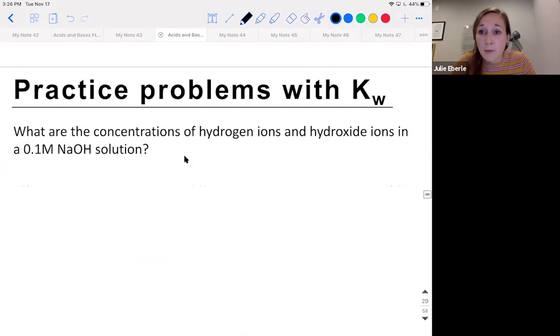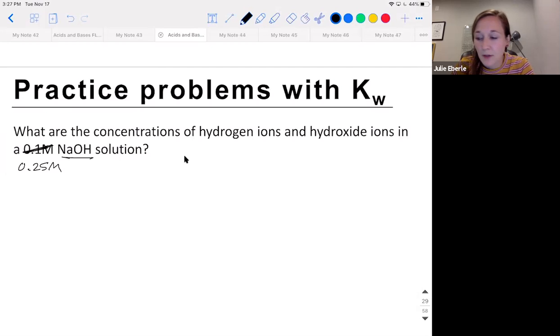Let's do a similar problem, but now what if we have 0.1 molar NaOH? Actually, I'm going to change the numbers: 0.25 molar NaOH. We have a base here. What kind of base is it?